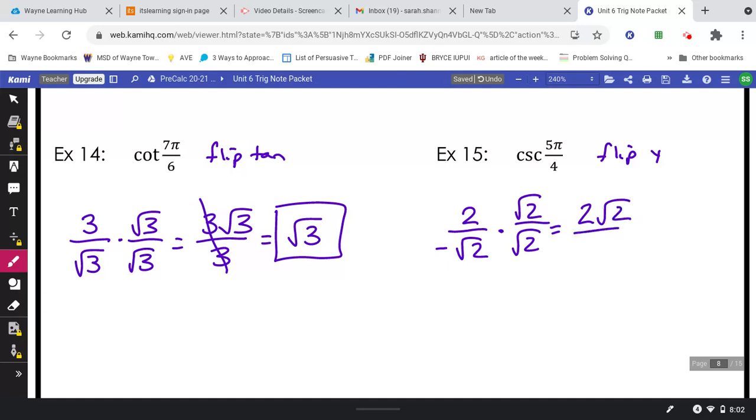And we get 2 square root of 2 over 2 with a negative there. The 2's can cancel even though there is a negative. That negative is being multiplied, so it can kind of just hold its own. And then because you don't have anything else in the denominator besides the negative, you can go ahead and bring the negative up to the top and attach it to the square root of 2.